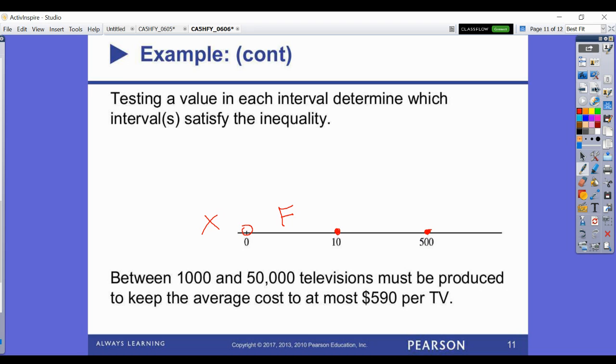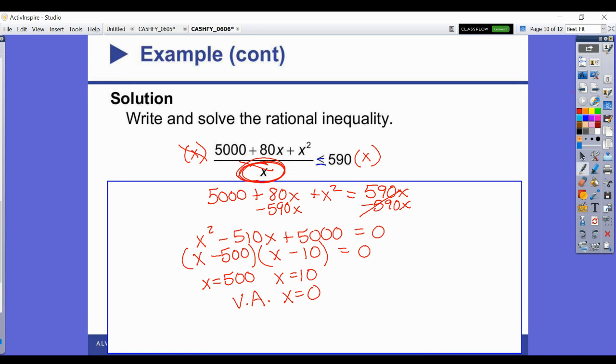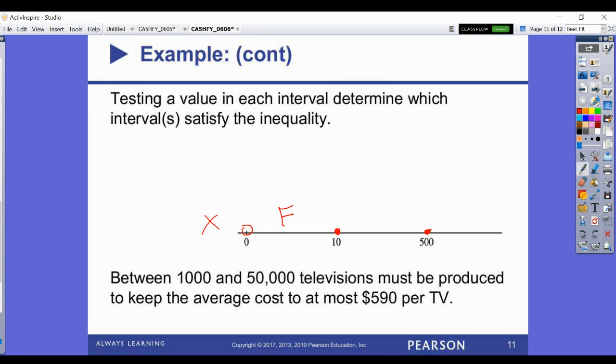Pick a number bigger than 10. So go back to the equation. I'm going to do 11 because it's bigger than 10 and still not huge. 5,000 plus 80 times 11 plus 11 squared, all of that divided by 11 is 545, which is less than 590. So this section is true.